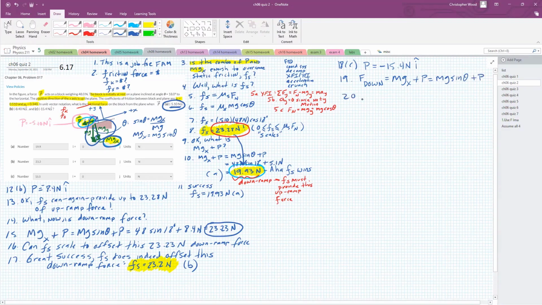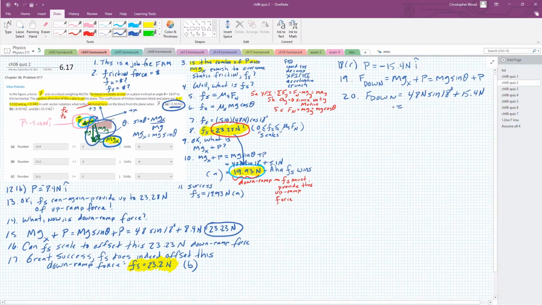So with numbers, here's the downward force, F down equals mg, which is 48 newtons, times sine of 18 degrees plus P, and P has now grown to 15.4 newtons. So here's the total amount of downward force. 48 times sine of 18 plus 15.4, 30.23.